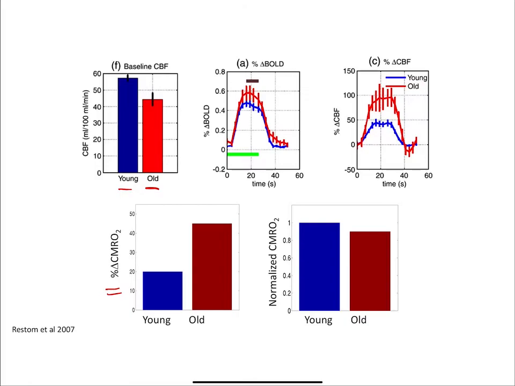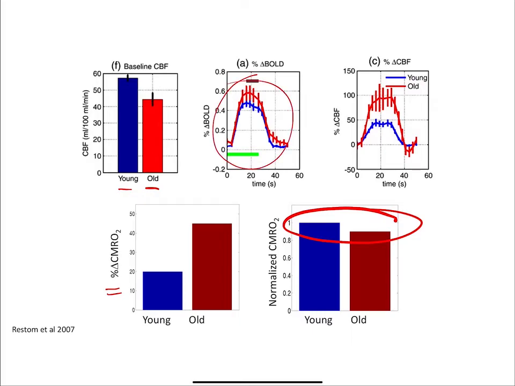Basically the older subjects were having to work harder, and it seemed as if, with some modeling, the older subjects were starting off at some baseline metabolism and the younger were here, they were both trying to get to the same level, and that's why the older subjects had to work harder. So when we looked at where they were trying to go, it looked like they were trying to go to the same place.